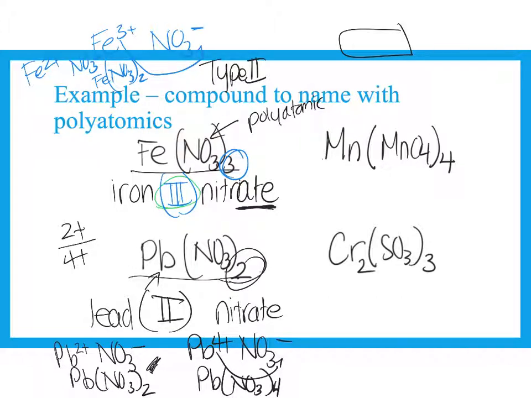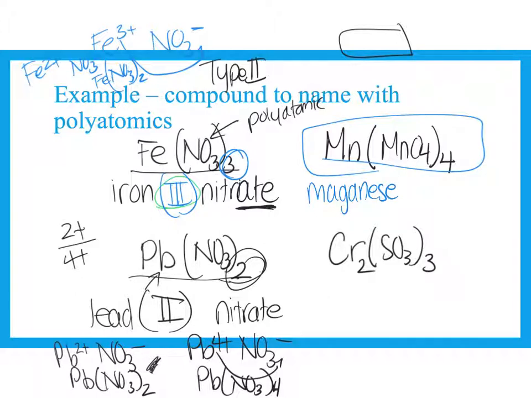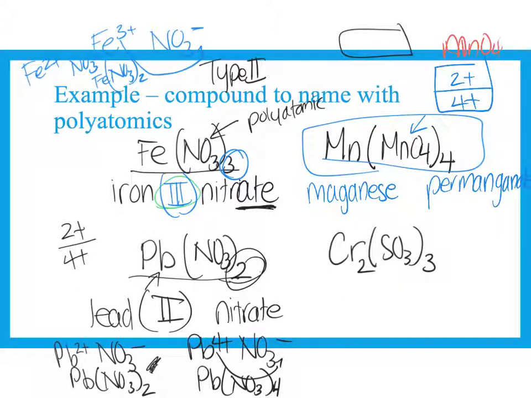Okay, next is this one. Mn(MnO4)... So Mn is for manganese. And manganese has two possibilities. It can either be 2 positive or it can be 4 positive. Okay, and I just want to make sure that when I look at MnO4, which is actually called permanganate, its possible charge can only be negative.